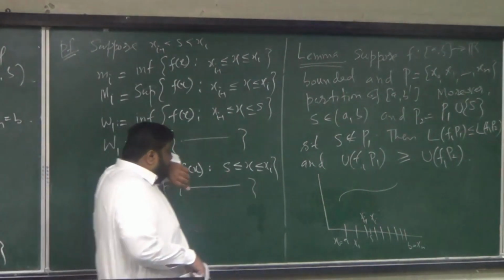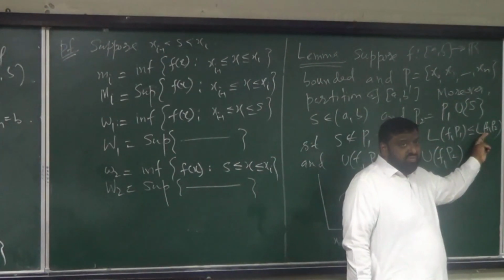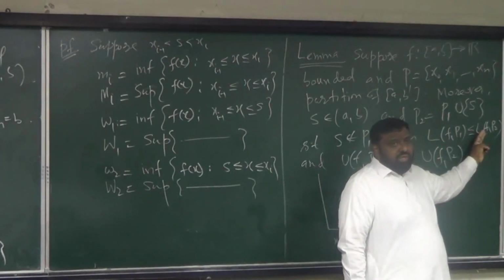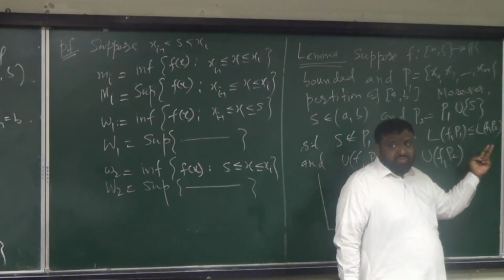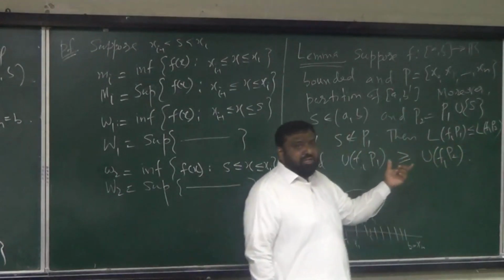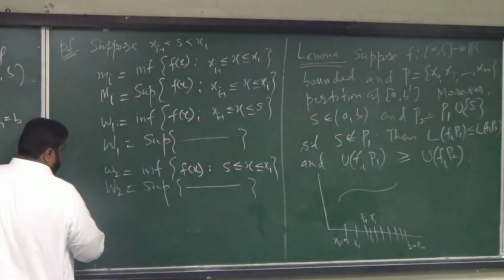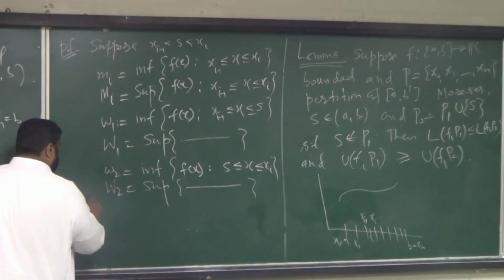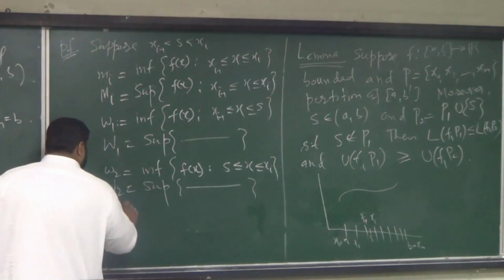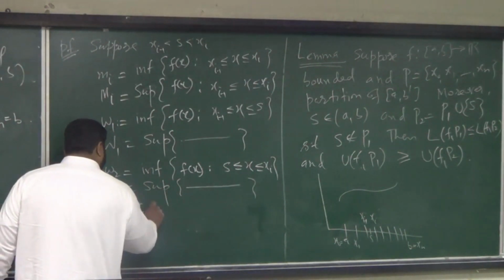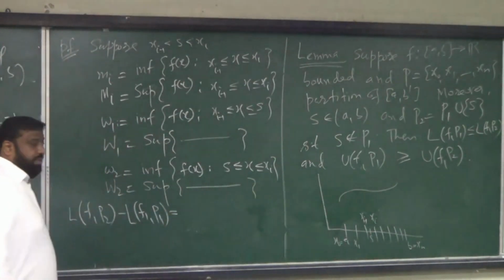Now, I would like to show that this guy is smaller than or equal to this guy. So how can I show it? What should be the way to do it? Just think about it. Take their difference. Imagine I have L f P2 and I'm computing the difference. Now tell me what's going to happen.